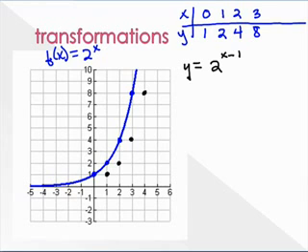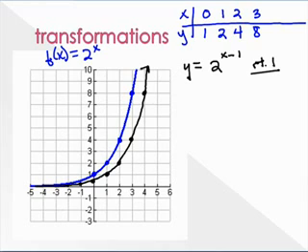Negative 1, 1/2 becomes 0, 1/2. And then this is a 4th, and this is an 8th. So this is what our curve looks like. The only difference is it has been shifted to the right 1 unit. It's just to the right one.